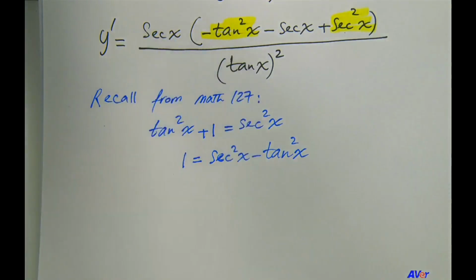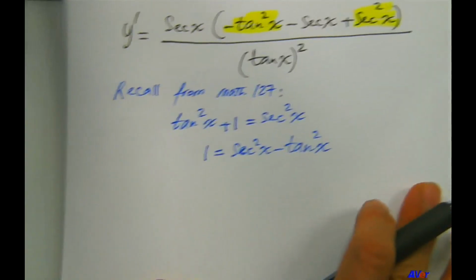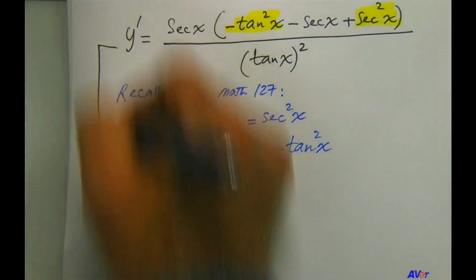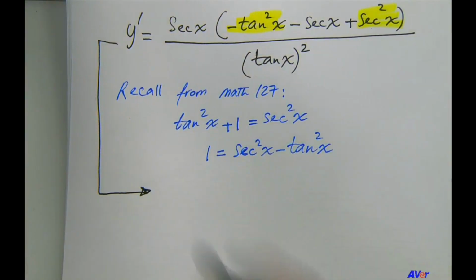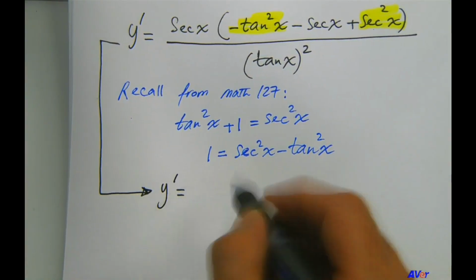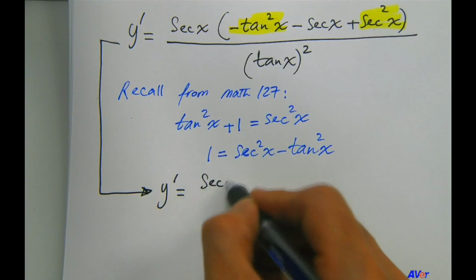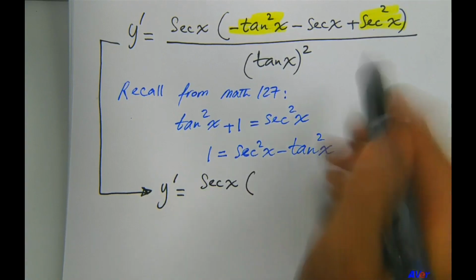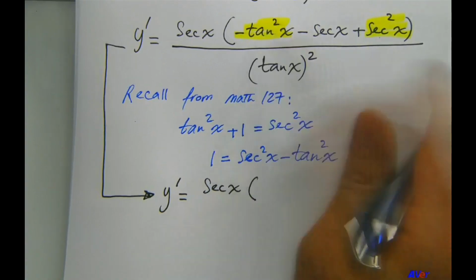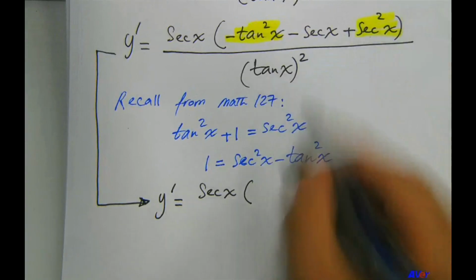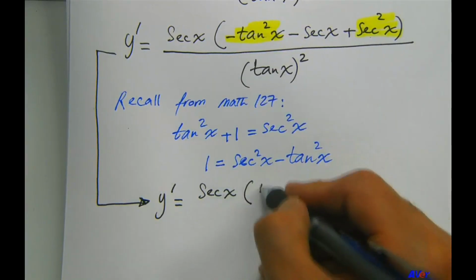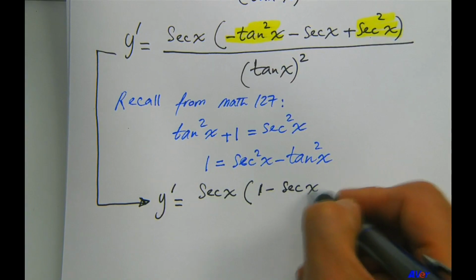So let's simplify that. So from that, we have that y prime is equal to secant x times, those two are equivalent to 1. So 1 minus secant x.